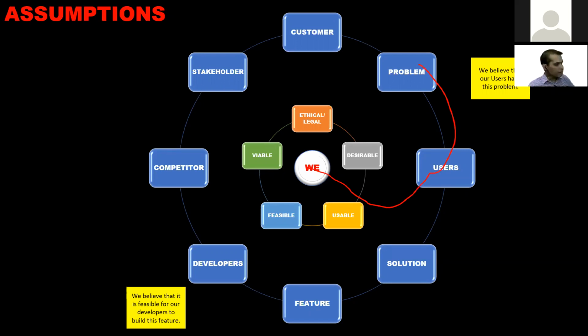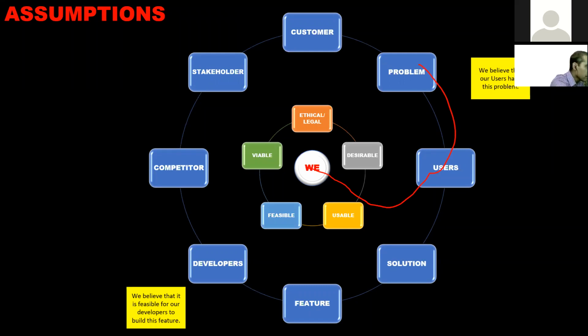We generally have a tendency to jump to the solution, thinking that yes, we know the user's problem, and this is the solution, this is the feature which is going to work. And we get into this feature factory, IKEA bias, and we keep on trying to justify that users don't understand it. They have this problem, but that is not the case. We have to validate. But before validating, we have to identify the assumptions.